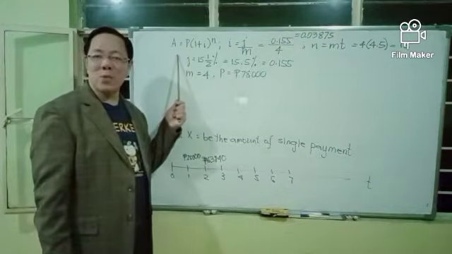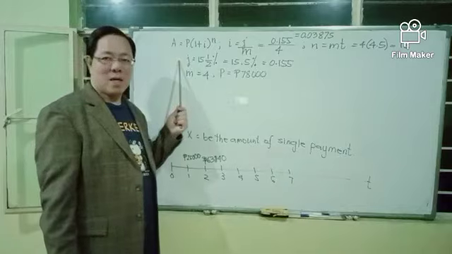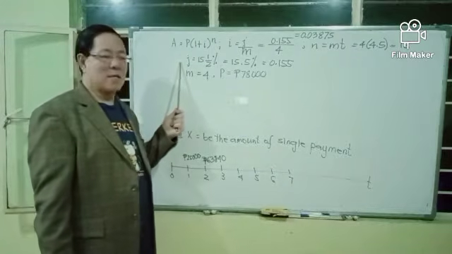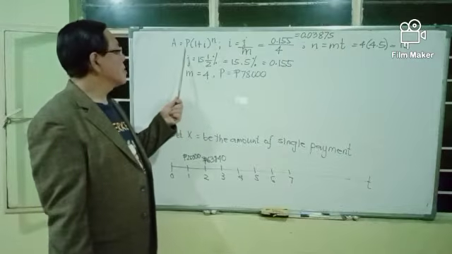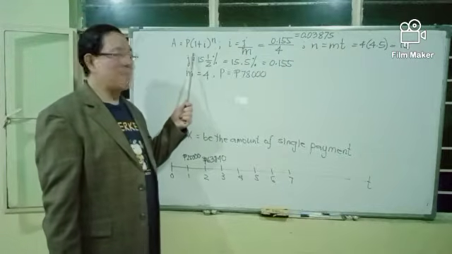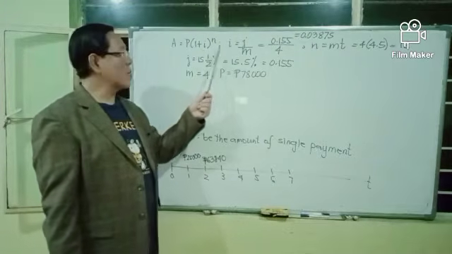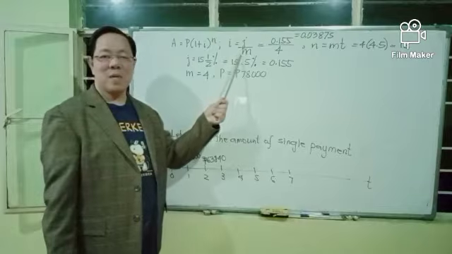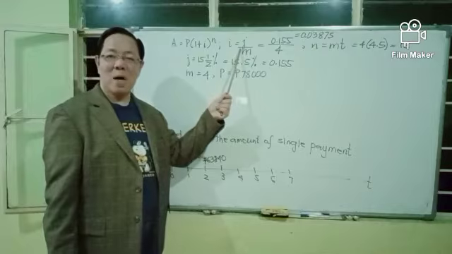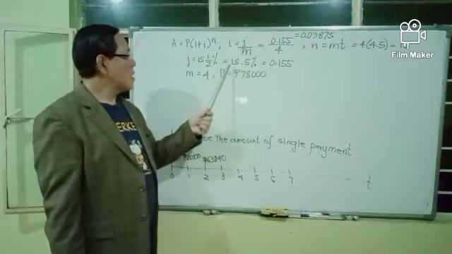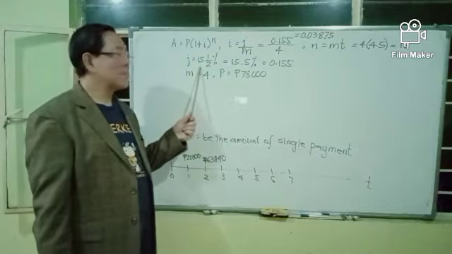And this is the formula to compute the accumulated value or maturity value of a principal at compound interest rate, denoted by capital A. Maturity value is equal to principal multiplied by quantity 1 plus i to the power n, where i is equal to the interest rate per year divided by the number of interest computations, or J is the compound interest rate given. And the compound interest rate given is 15.5%.